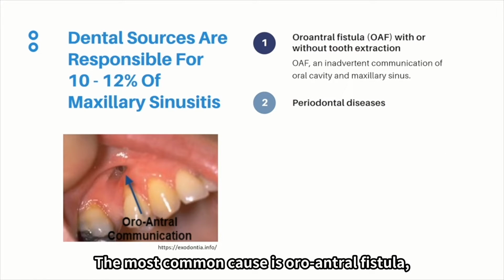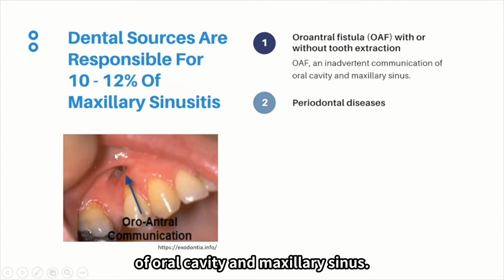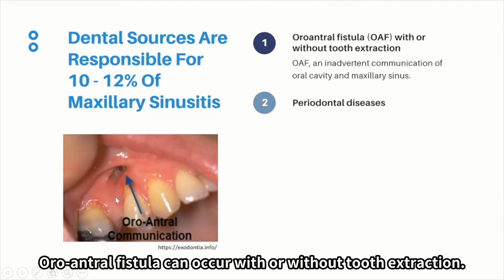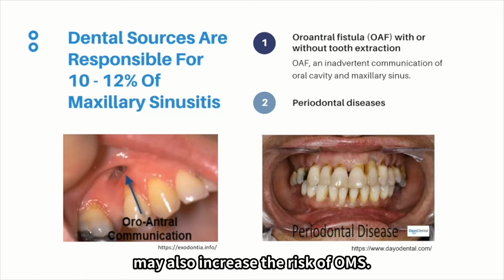The most common cause is oroantral fistula, which is an inadvertent communication between the oral cavity and maxillary sinus. Oroantral fistula can occur with or without tooth extraction. Periodontal diseases characterized by receded bone and gum and elongated teeth may also increase the risk of OMS.